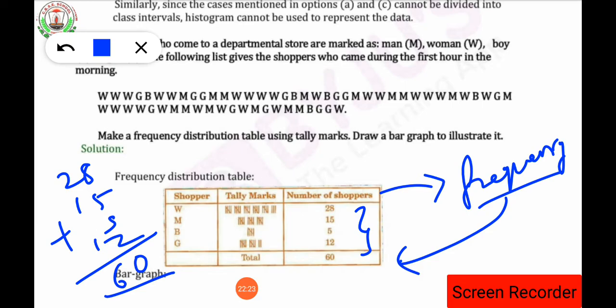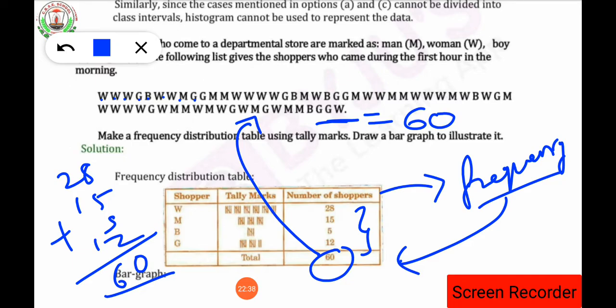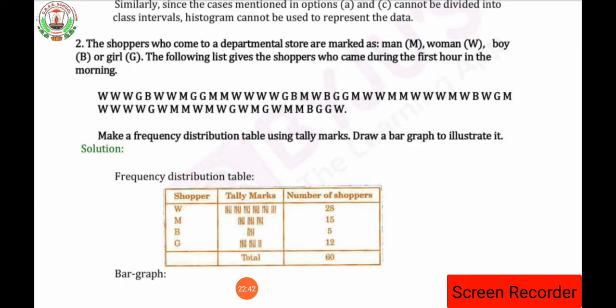And if you want to recheck whether 60 is coming or not, you have to count this data like 1, 2, 3, 4, 5, 6, 7, 8, 9, 10, 11, 12 up to the last. You will get the data as 60. So that should match the total data. Then only your answer is correct. So understood everyone up to here how to draw the tally marks using the distribution table? Okay. So this is the tally mark you have to draw in your copy.